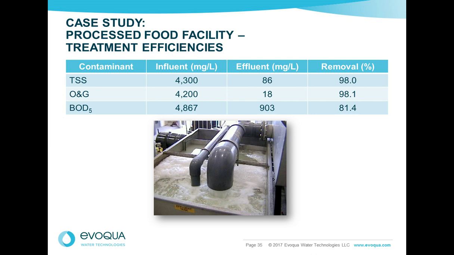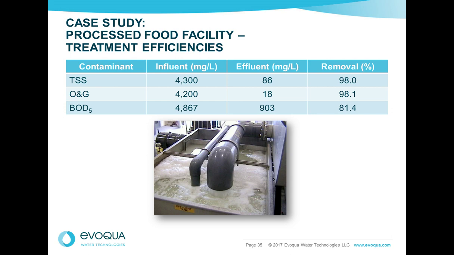This is the performance results of this particular facility in Texas. The TSS and oil and grease concentrations coming out are fairly typical. TSS is less than 100 milligrams per liter, and the oil and grease is less than 20. And the removals are quite high in this instance because of both the high TSS and oil and grease concentrations.